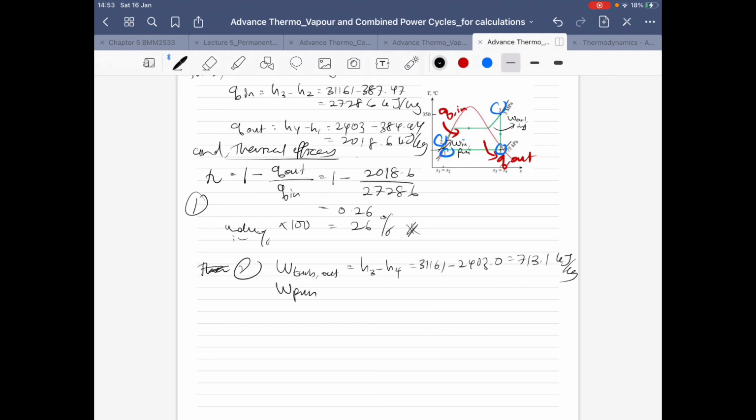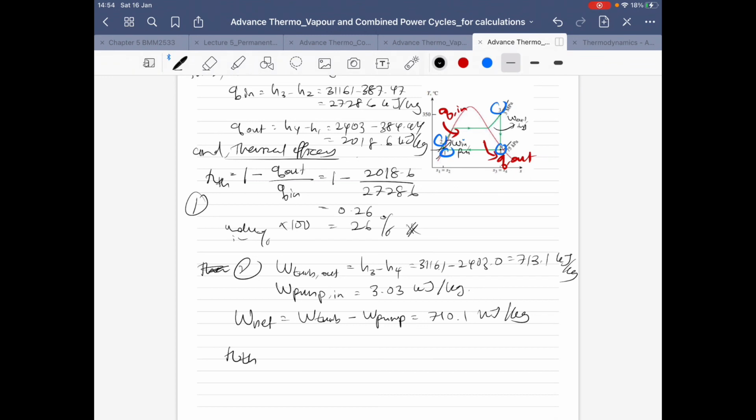So W pump yang in dah dapat dah tadi kita calculate. Berapa? W pump adalah 3.03 kilojoule per kilogram sahaja. So kita boleh calculate berapakah W net, W turbine minus W pump. So boleh calculate direct sebenarnya.